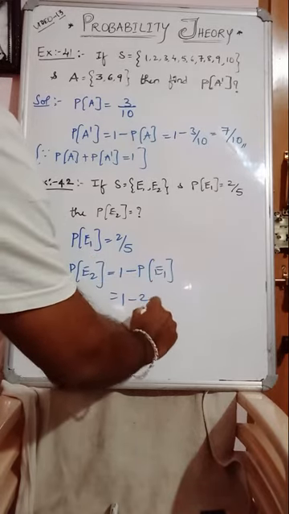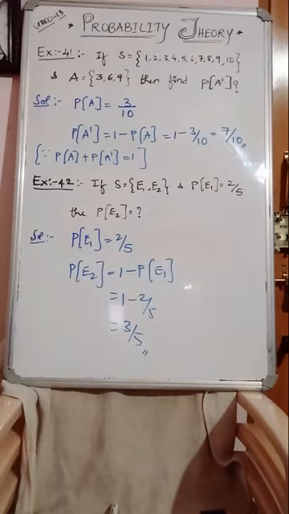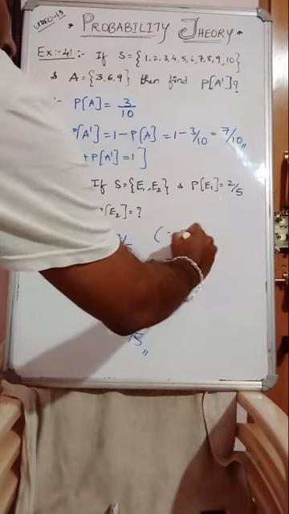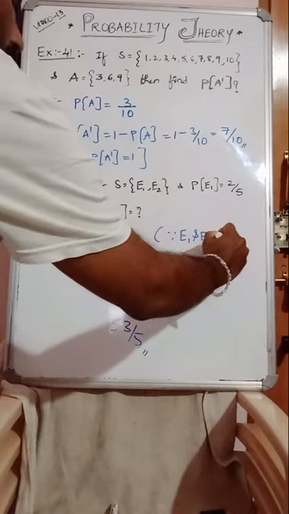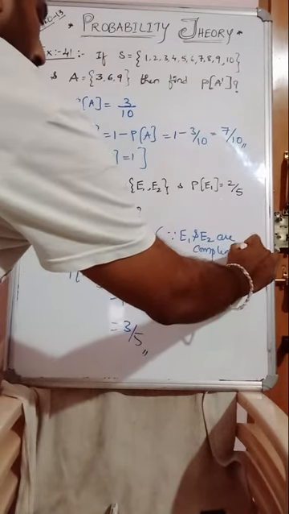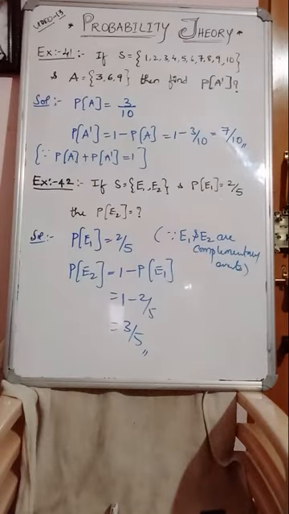Therefore 1 minus 2 by 5, 3 by 5 is the answer. Here you write down, since E1 and E2 are complementary events. Clear, guys? So this is the problem.